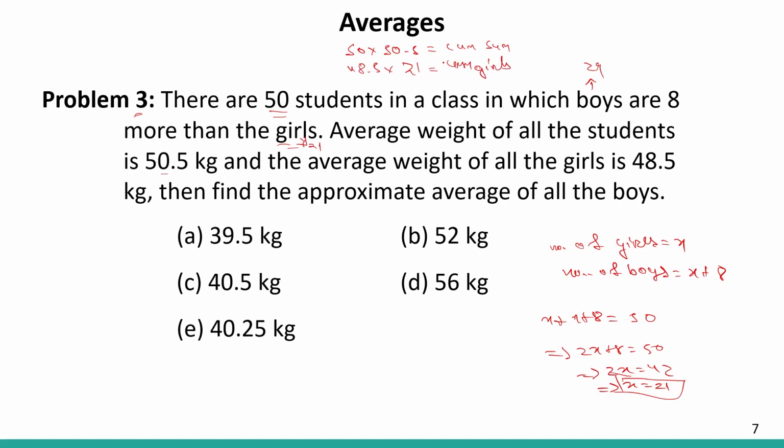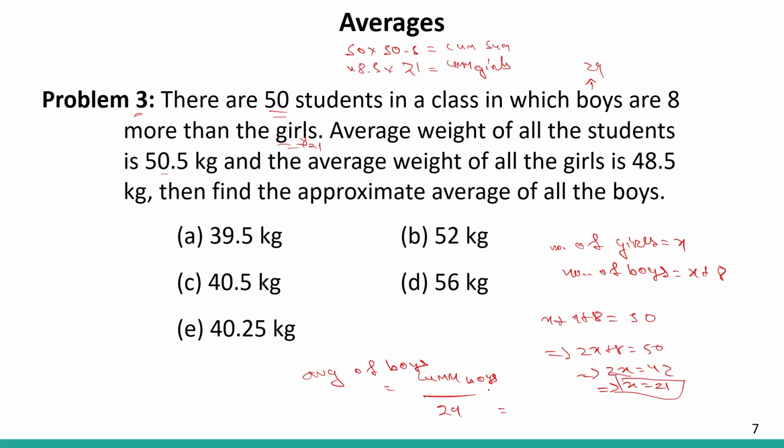So we want to calculate the cumulative sum of boys. The average of boys is equal to the cumulative sum of boys divided by the number of boys, that is 29, right?